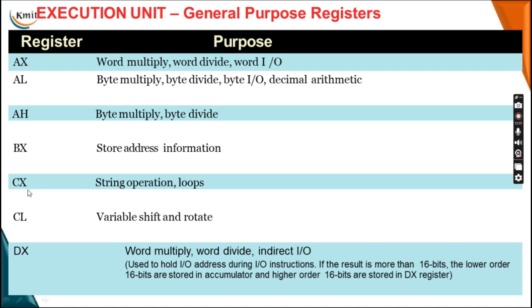Now, coming to the third general purpose register, CX. It is the counter register. Nothing but it will count the number of loops we are executing in our program. Getting a point here? It can store the number of loop operations, counting operations for string and loop operations.